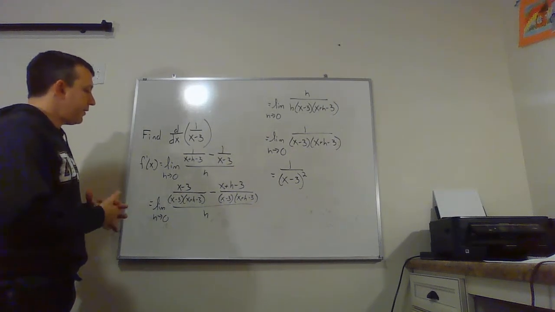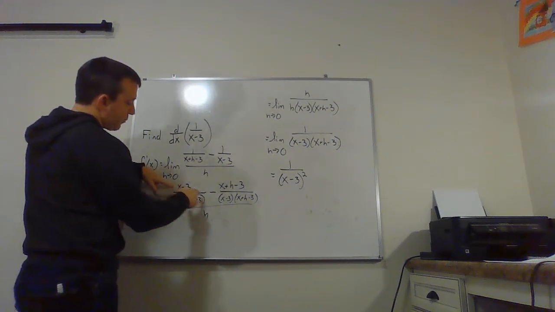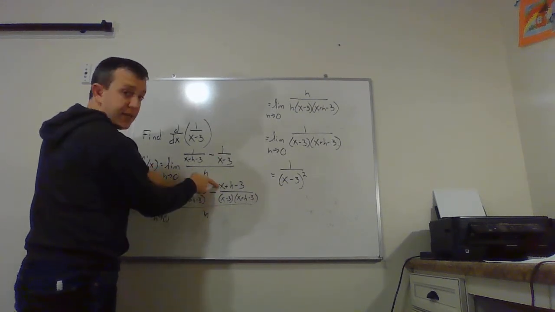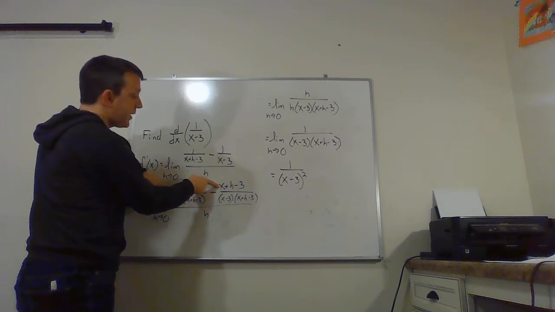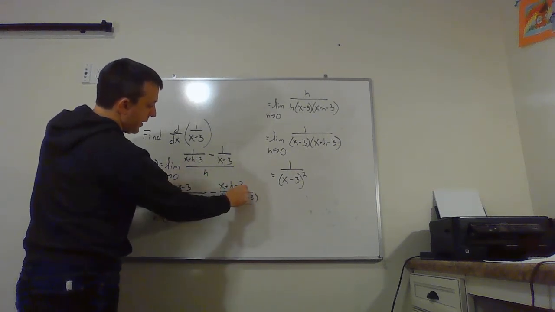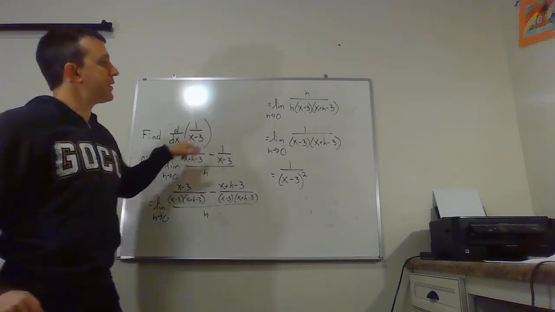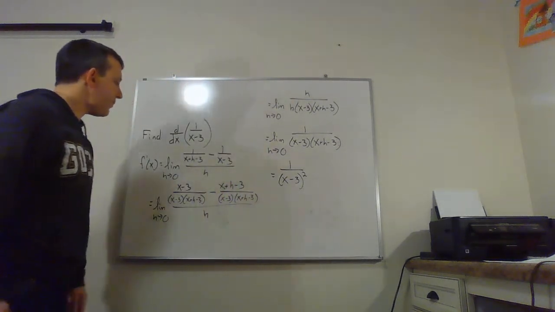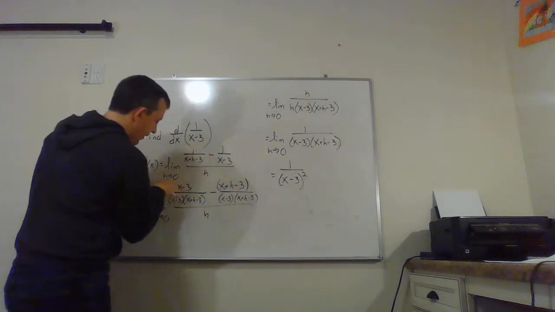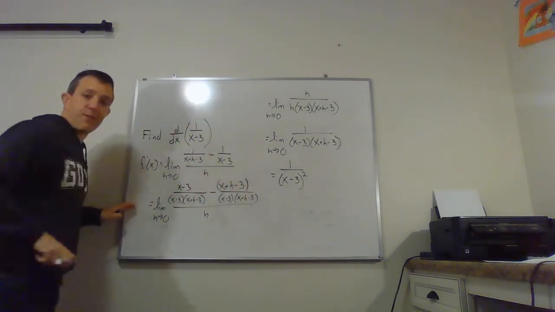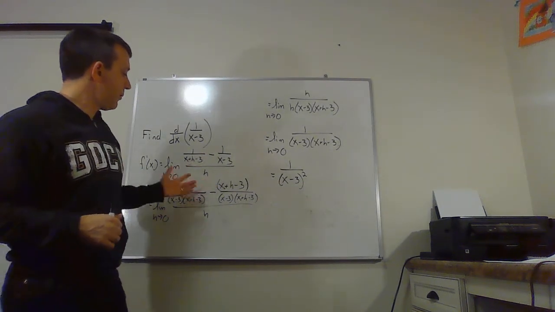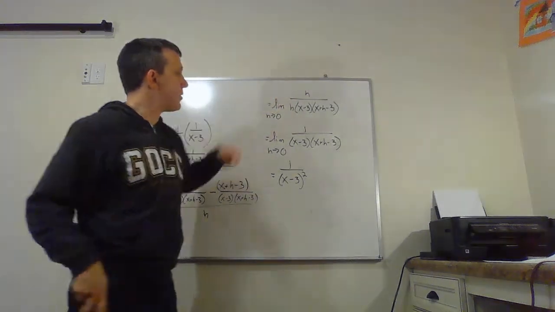So what's fun here is a couple of things. First, when I put these together, notice I have x, but then I have a minus x over here, so the x's go away. I also have a minus 3, but then a minus 3. So the only thing that's really left is the h. If you need to, throw this in parentheses and work out that subtraction for yourself, but I promise, the only thing left on the top when we put these two fractions together is the h.